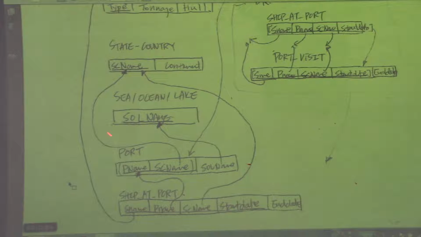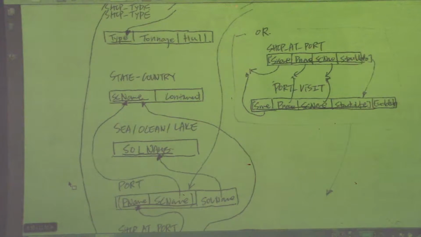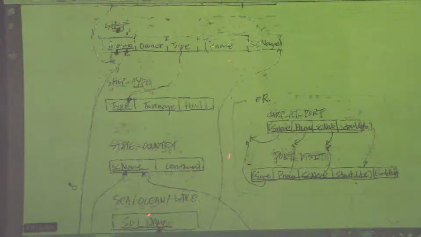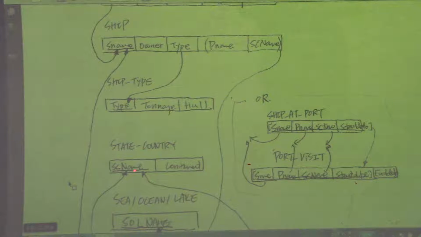Actually, SC name is referring to the SC name of the state_country. So it doesn't matter. Actually, it matters. It is a problem if you separate the P name referring to the port name and the SC name directly referring to SC name. It is possible, but their meaning is a little bit different.